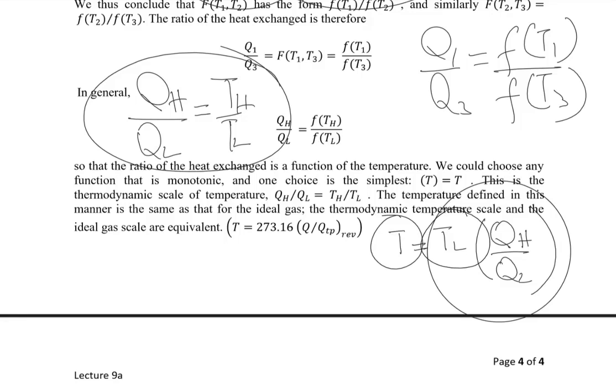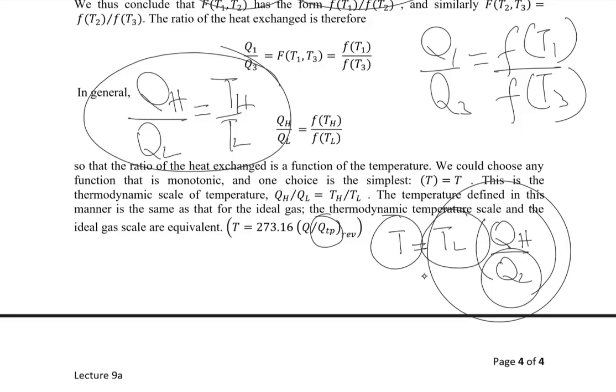the minimum temperature that can be found would be the absolute zero, which is actually minus 273.16, and the minimum heat that can be found would be the heat at the triple point. So the heat at the triple point is the minimum heat, and the temperature at absolute zero is the minimum temperature.